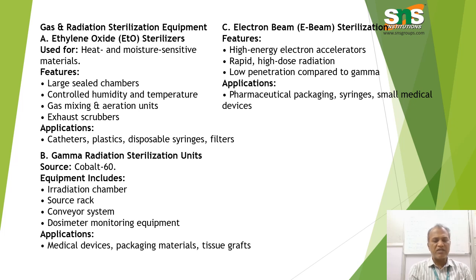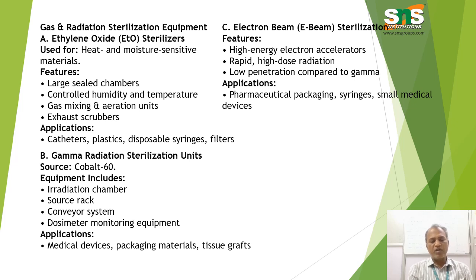Next, gamma radiation sterilization units. Gamma radiation comes under pure radiation. The source of the gamma radiation is cobalt 60. What is the equipment? A radiation chamber, where we keep the products meant for sterilization. Next, a source rack and conveyor system, as with all equipment.